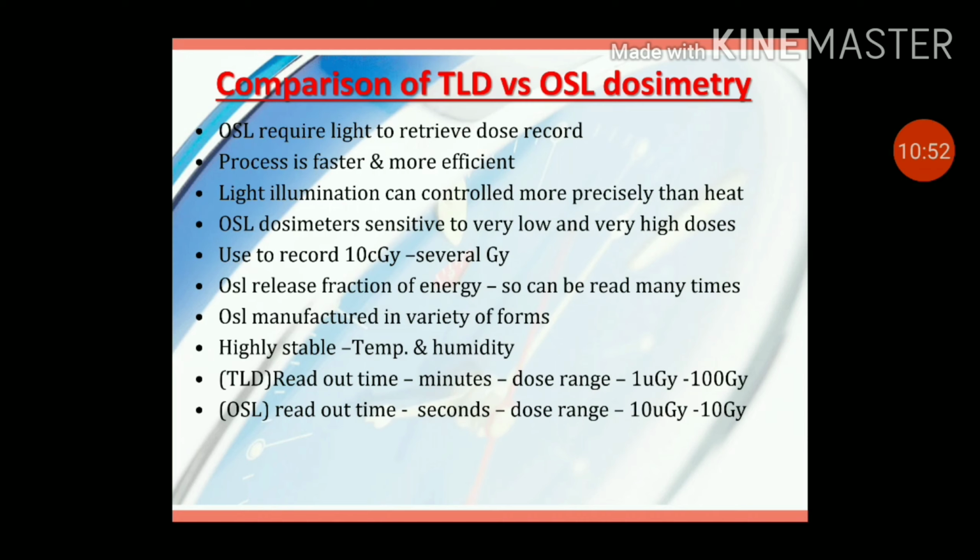And now we come to the comparison of TLD versus OSL dosimetry. OSL dosimetry has many advantages compared to TLD dosimetry. OSL requires light to retrieve the dose record. This process is significantly faster and more efficient compared to the heating required in TLDs.